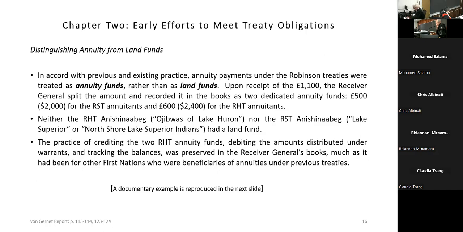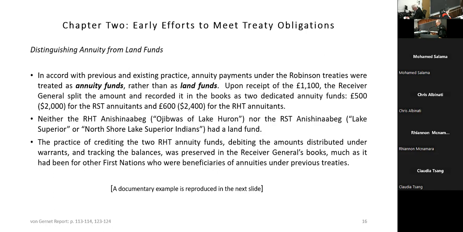They would debit amounts distributed under warrants, and then they would track the balances, and all of this accounting really had to be done by the Receiver General, who had been placed in charge of this whole process of accounting.